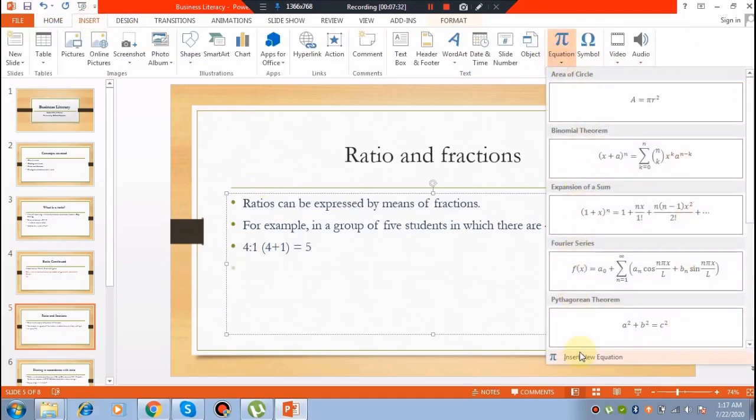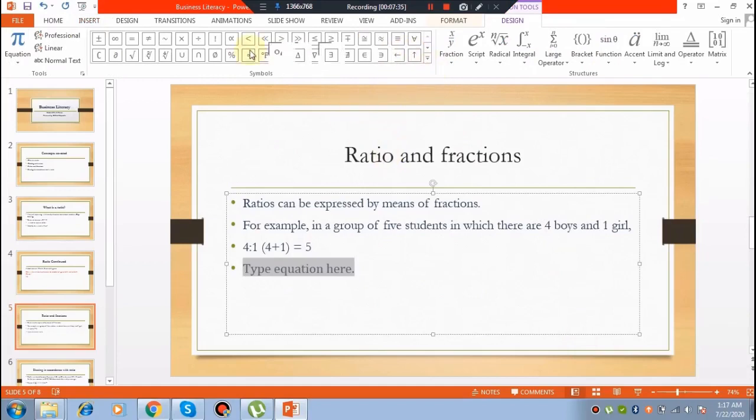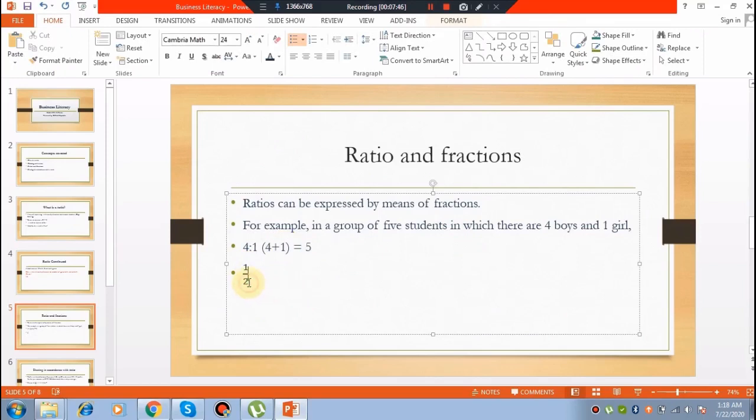I'm just gonna put the equation. My apologies. There, I need this equation. So 1 for girls. So this figure represents girls, 1/5 of the group, right?